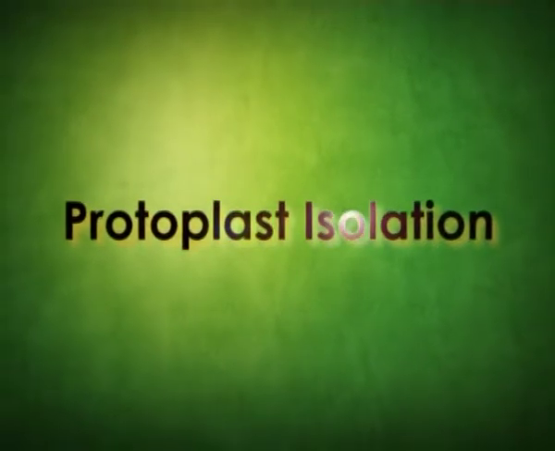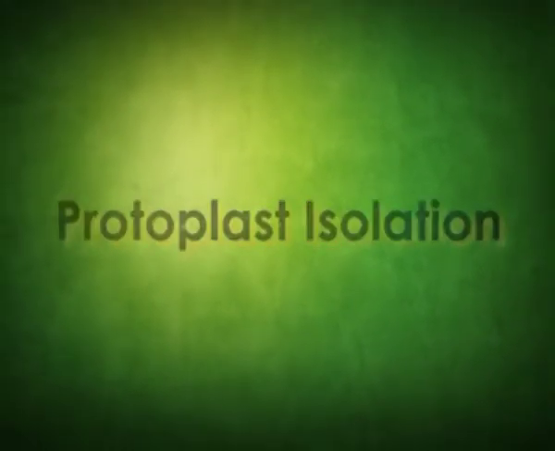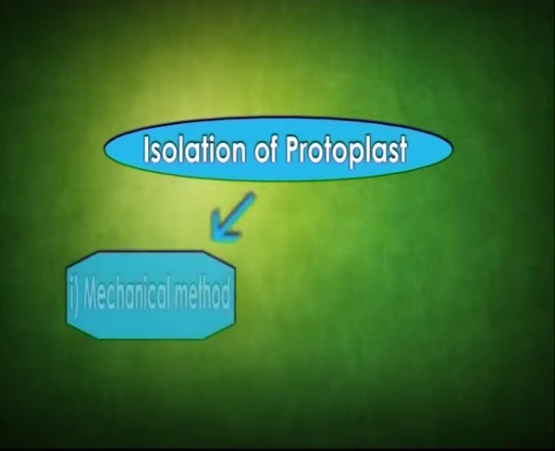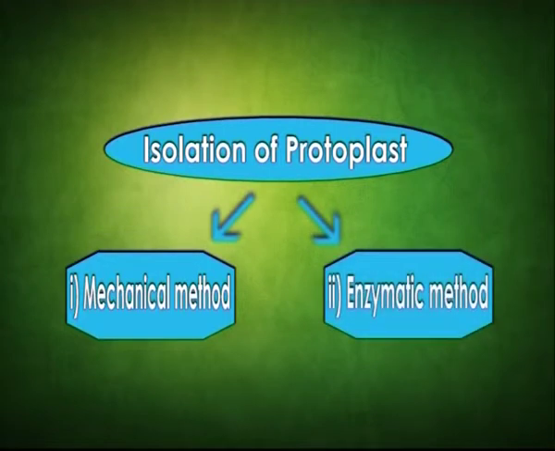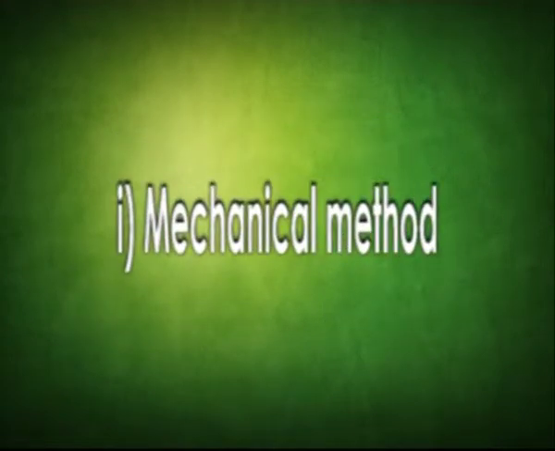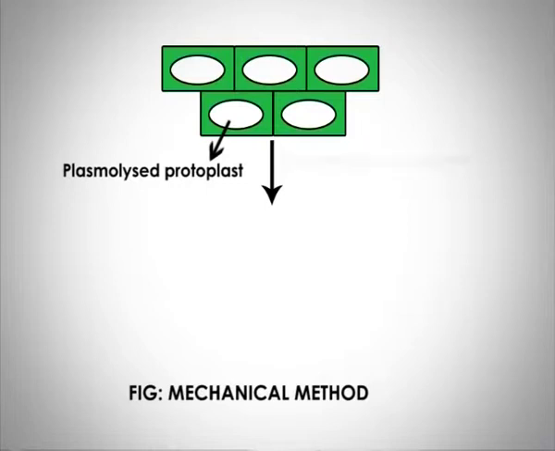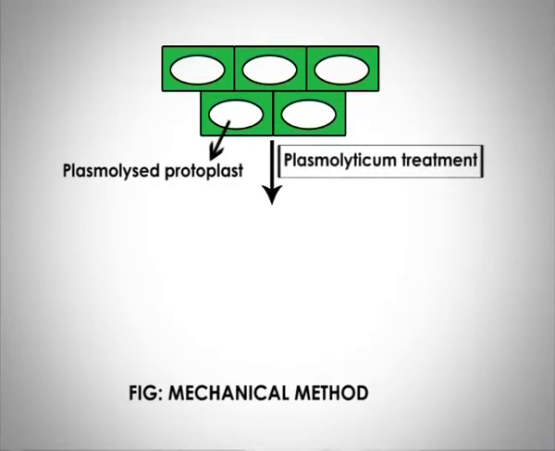Now let us take up protoplast isolation. Protoplasts from plant tissues can be isolated by employing either mechanical or enzymatic methods. First, let us take up mechanical method. The cells are first plasmolyzed by subjecting to plasmolyticum treatment.